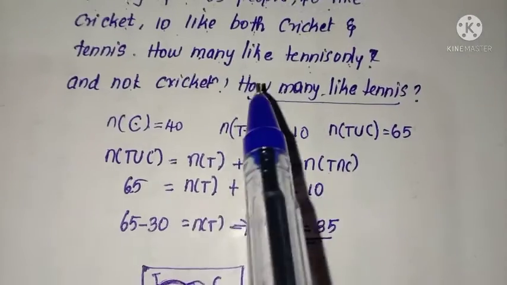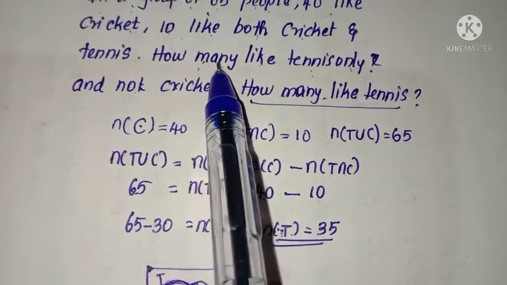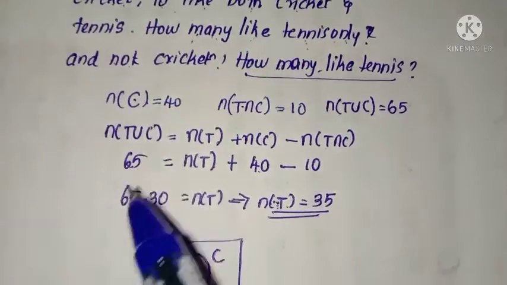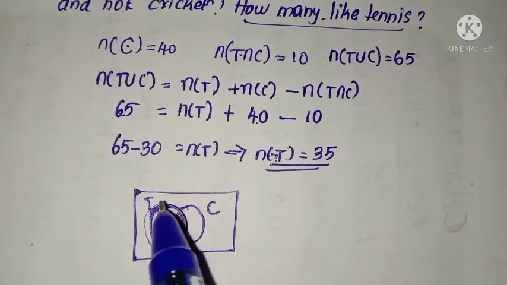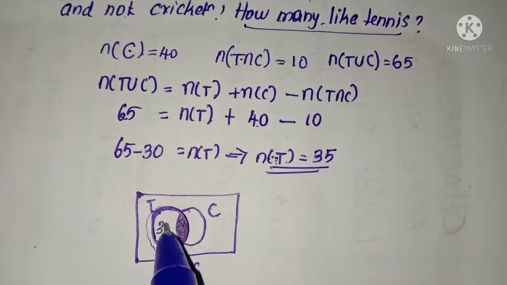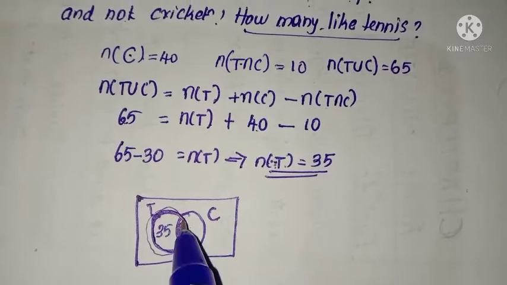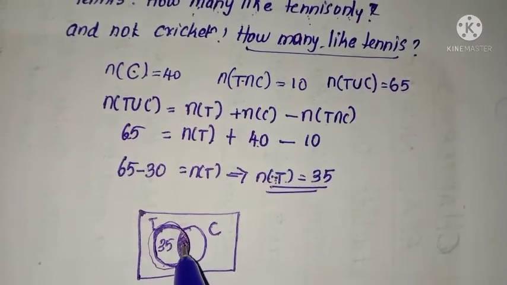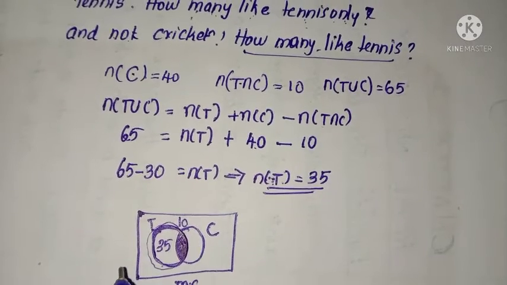So we need to identify how many people like tennis only and not cricket. Total T is 35 and T intersection C is 10, that is given.